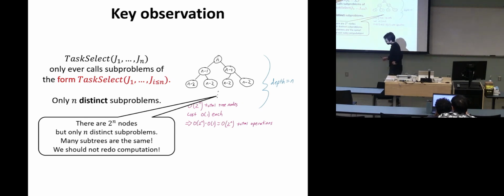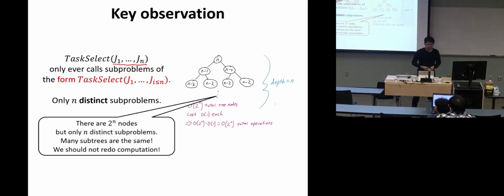When you have this problem and we do recursion, let's look at the form of subproblems that we ever look at. It only looks like this. It's always the same order of jobs, sorted, but up to the job i, when i is at most n.